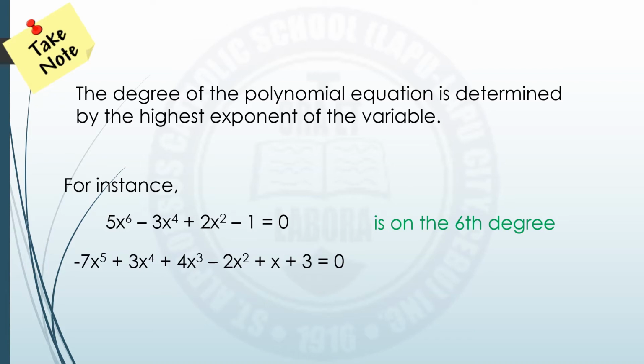If we have this polynomial equation, negative 7x raised to 5 plus 3x raised to 4 plus 4x cubed minus 2x squared plus x plus 3 is equal to 0, it is of the 5th degree, or the degree is 5, because the highest exponent of the variable is 5.